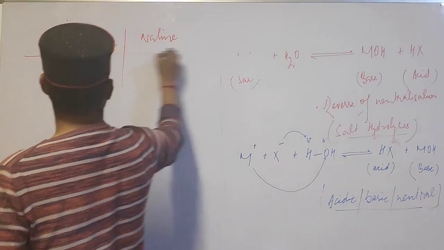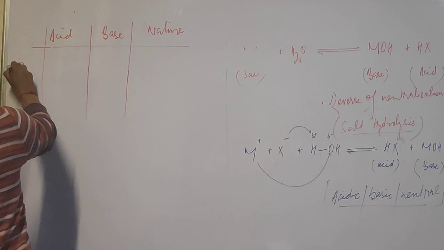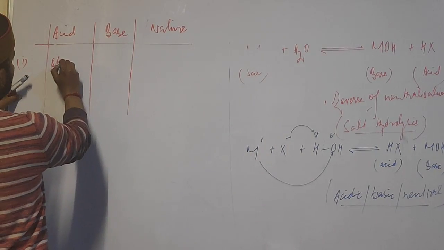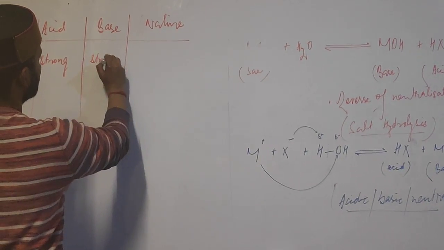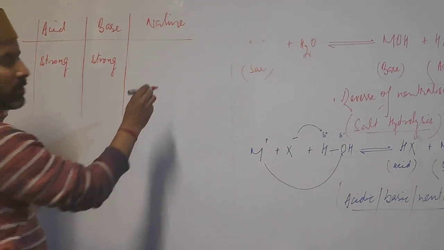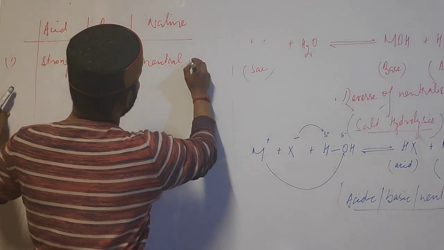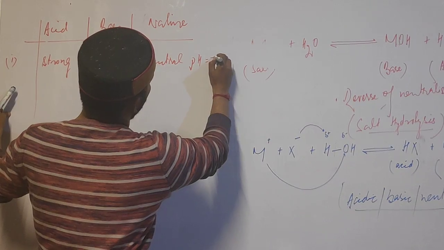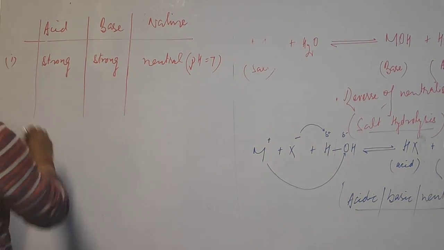Now students, if in the first case the acid formed upon salt hydrolysis is strong, the base formed is also strong, then students, the solution will be neutral. That means the pH of the solution will be 7 at, say, 25 degrees Celsius.